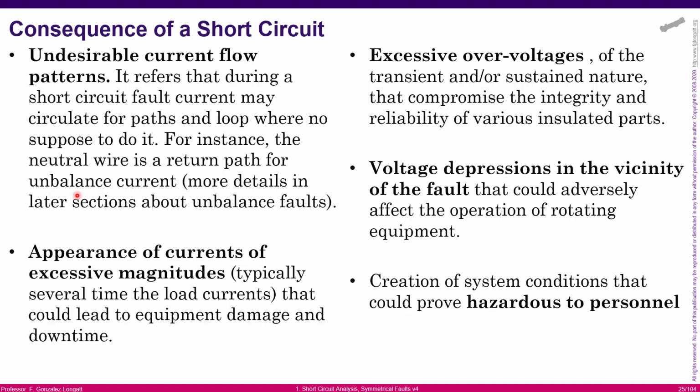It's difficult to explain right now because that is mainly a consequence of asymmetrical faults, and that is the topic of the next class. But during asymmetrical faults you can have healthy phases or healthy lines with a big problem of overvoltages.